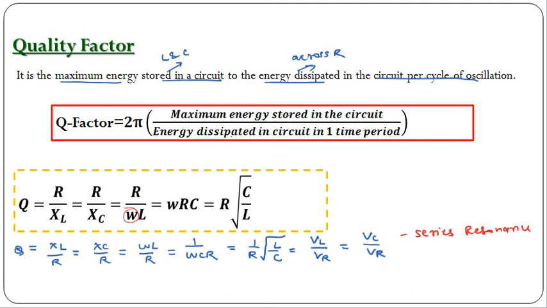And this is also equal to XC is 1 by omega C, so this will become omega RC. And if we take the reciprocal here, then we will get R into square root of C by L. So these are the formulas in case of parallel resonance. If you remember the series ones, you can easily write the formula for the parallel resonance. So you have to remember these formulas.